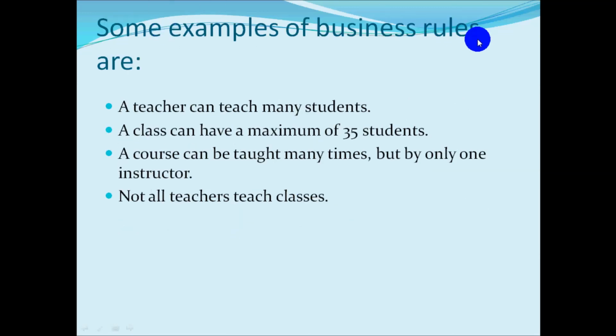Some examples of business rules are: a teacher can teach many students, a class can have a maximum of 35 students, a course can be taught many times but by only one instructor, and not all teachers teach classes. These kinds of rules are business rules.